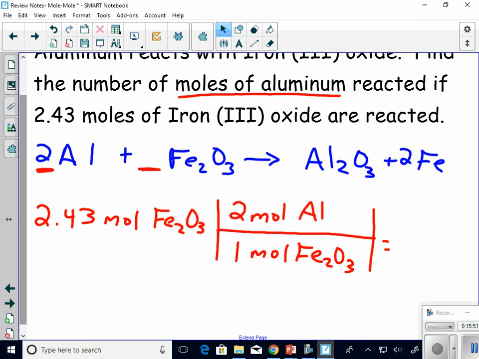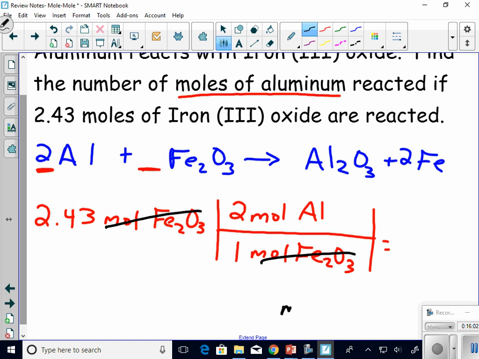I go back to my problem, and I say, okay, moles of iron 3 oxide cancel out. My new label is going to be moles of aluminum. That's what I'm trying to find.